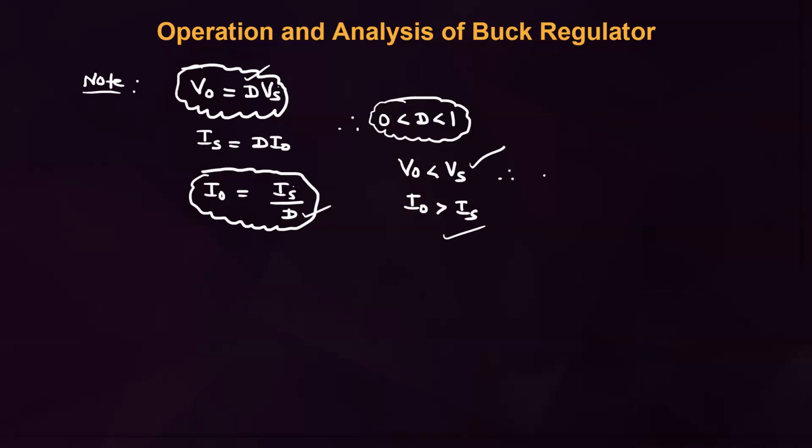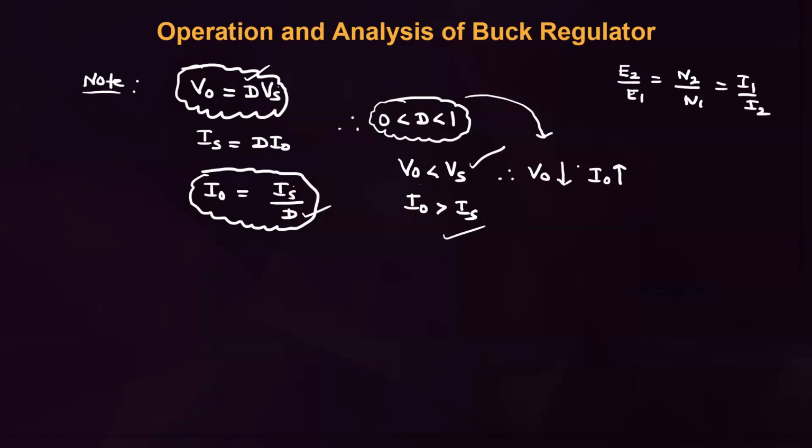That means output voltage is decreasing, but output current is increasing for different values of duty cycle. Voltage reducing, current increasing. In which circuit do you see this type of relation? In transformers, voltage ratios and current ratios are inversely proportional: E2 by E1 equals N2 by N1, and I1 by I2 inversely.